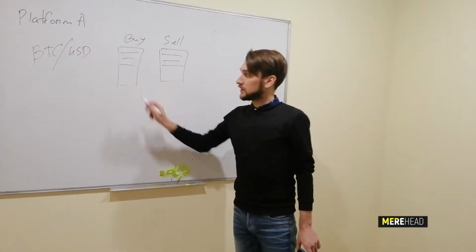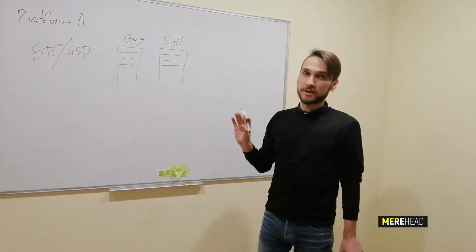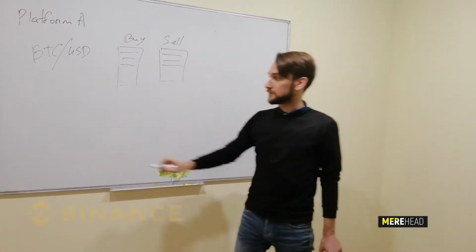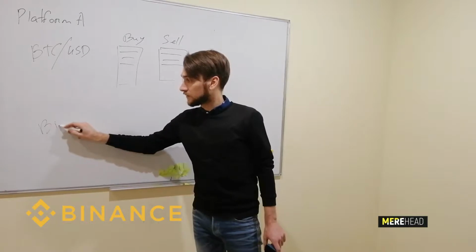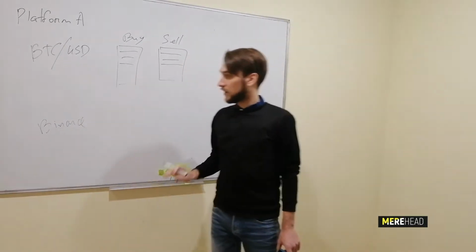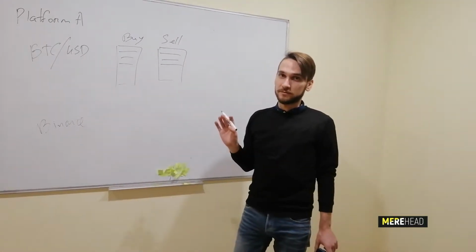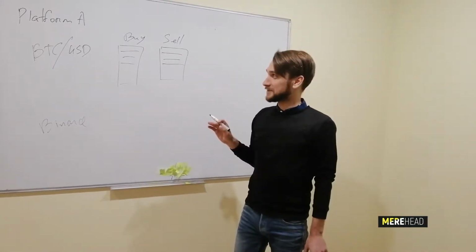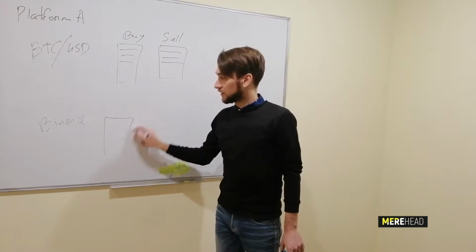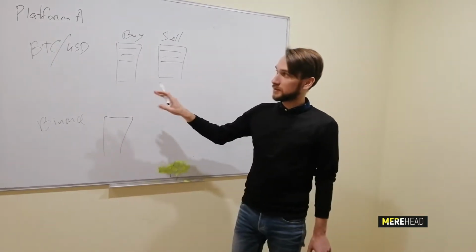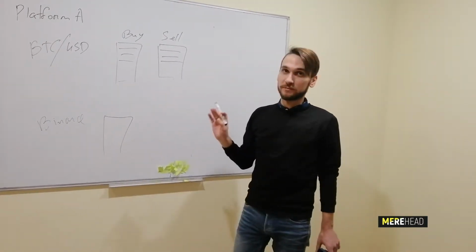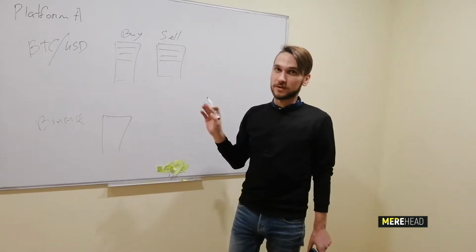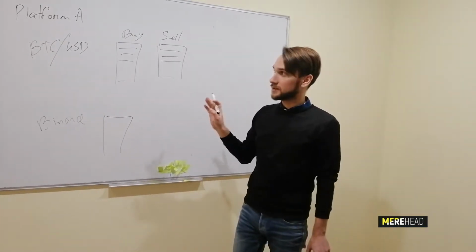In this case, let's say that we will connect your system to Binance. As you know, Binance is quite a familiar, quite popular platform, and for the same trading pairs like BTC to USD. By the way, they recently announced that you can buy cryptocurrency with credit cards.